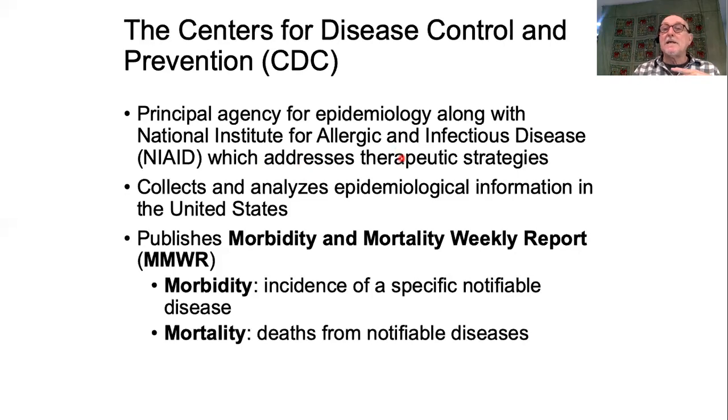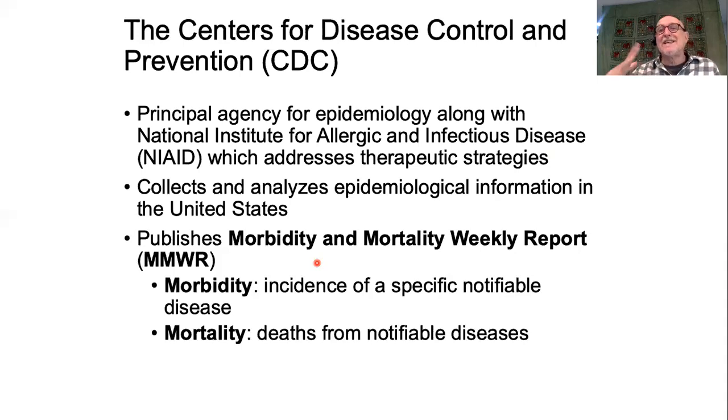And then NIAID in particular makes recommendations for therapeutic responses, etc. The CDC publishes every week one of the most important epidemiological bulletins in the world. It is picked up and followed all over the world, and it's called the Morbidity and Mortality Weekly Report. And in it, they provide a summary of all of the current observations of disease in the United States.